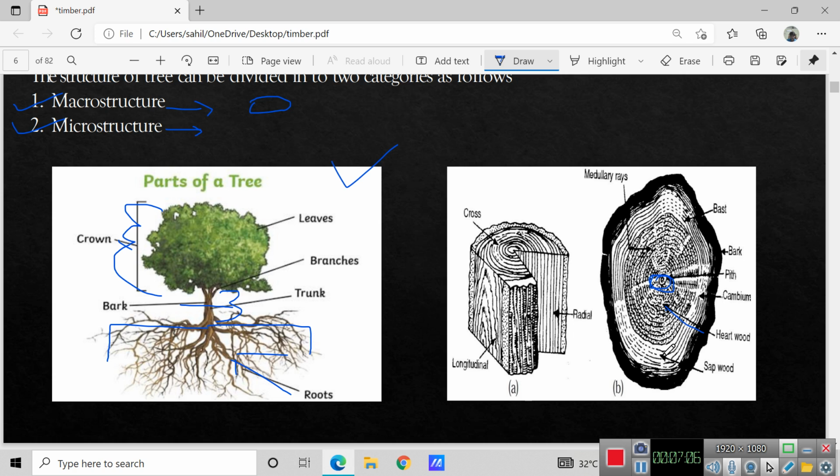Now after that the medullary rays, which are placed like this inside the trees. They are irregular in shape. Now after that is sapwood, and inside the outermost layer, that is cambium, is present, and the outermost layer is known as bark.